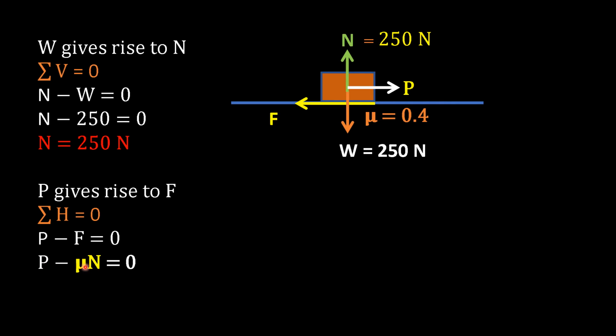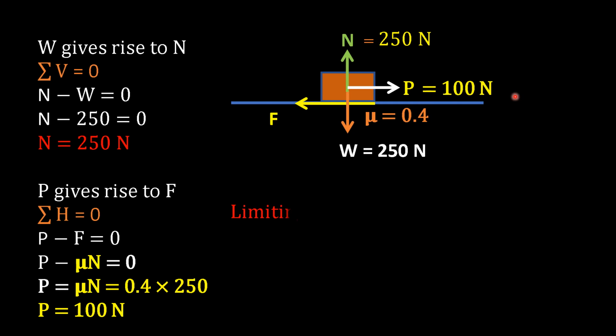P minus mu N equals 0 because F is mu N, where mu is 0.4. So P is mu N, which is 0.4 multiplied by 250. So P is 100 Newton. So we get limiting force of friction F, which is same as P, and it is 100 Newton.